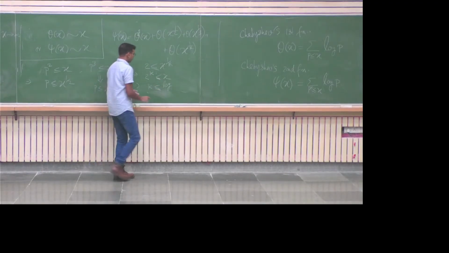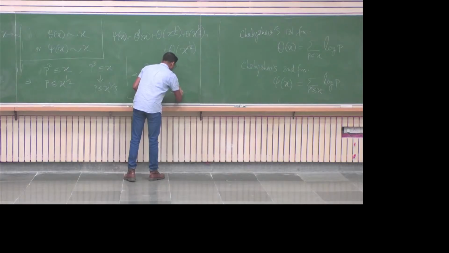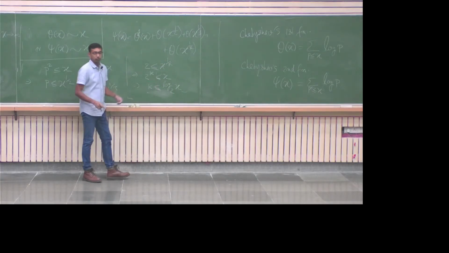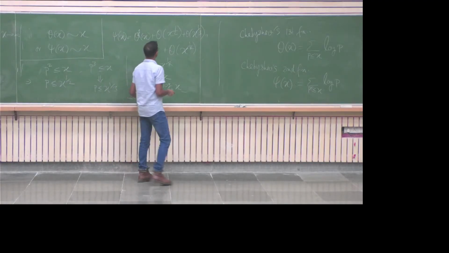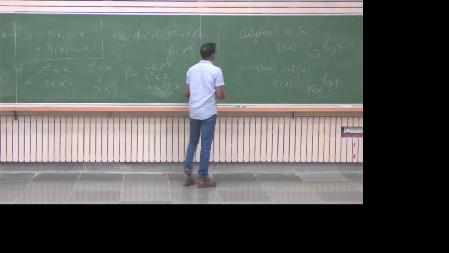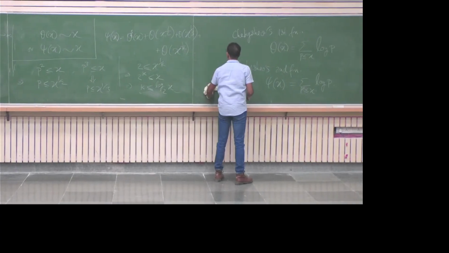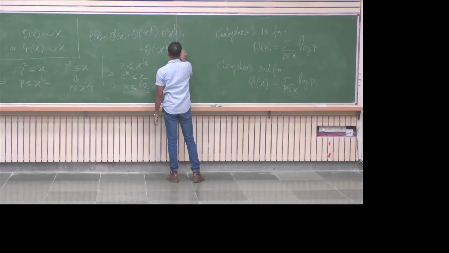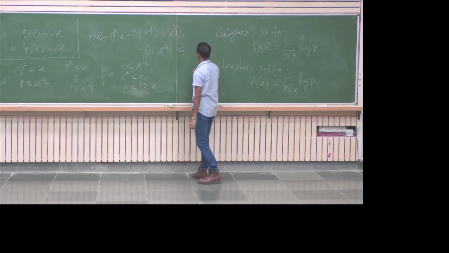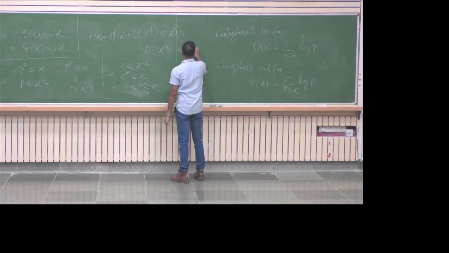So k is less than or equal to log x base 2. So that will just imply that psi x is bounded by log x raised to 2 and so on.